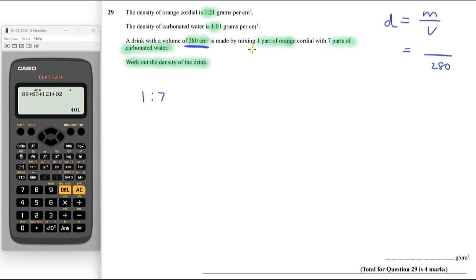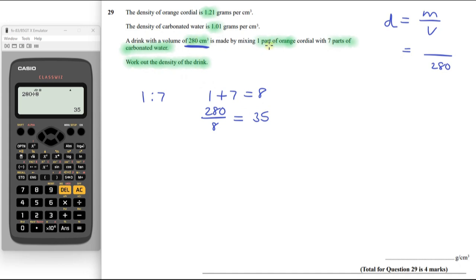So to work out the volume of each part, we can just add these together. So this is 1 plus 7, which is equal to 8. And then we can do 280 divided by 8, and that gives us 35.